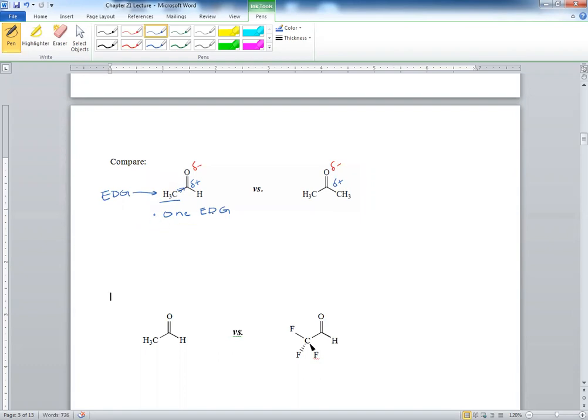So again, one EDG makes the carbon less positive. Also, in terms of sterics, hydrogen is a small atom. We do have a methyl, but it's not as sterically hindered as having two methyls like in the next example. So it's less sterically hindered.